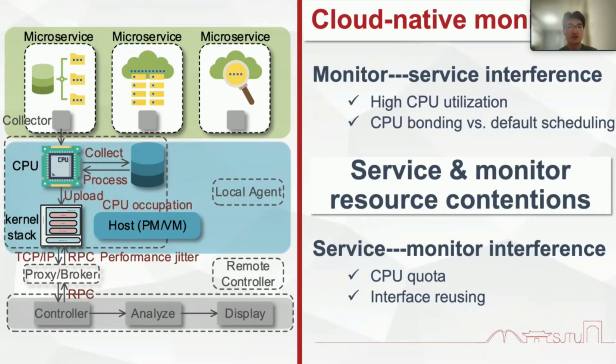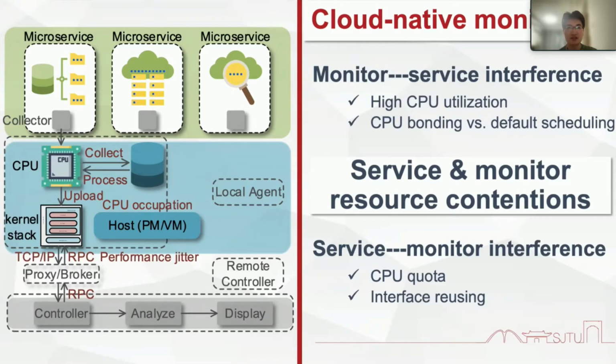Second, the monitor process may be blocked when the CPU quota is limited, or when requesting monitoring metrics from the busy service interface. For example, a Redis application exports its metrics from the same interface as its service.